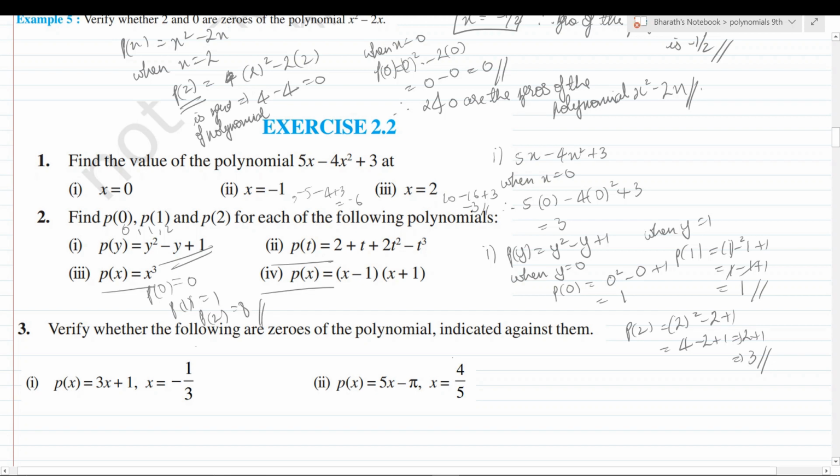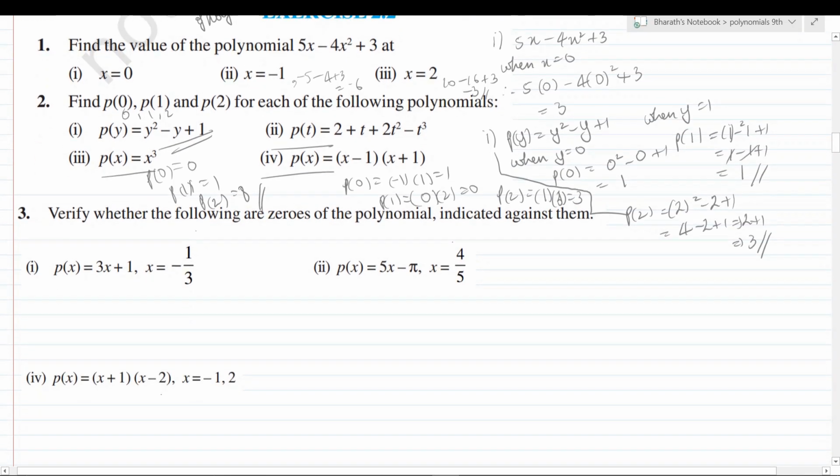Simple. Here also you can do it on your own, and here also you can do it on your own. Here for 0, P of 0 is minus 1 into 1, which is equal to minus 1. P of 1 is 0 into 2, which is equal to 0, and P of 2 is 1 into 3, which is equal to 3.